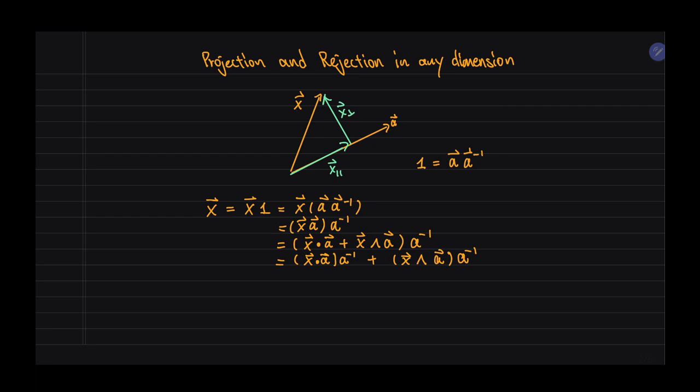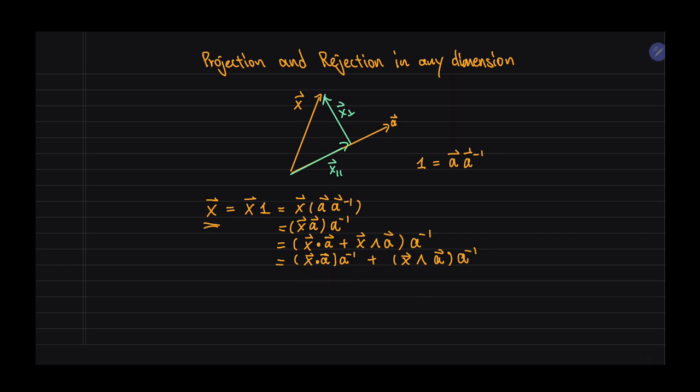And now we express x into two different vectors, and vector x is the superposition of the vector here and the vector here.